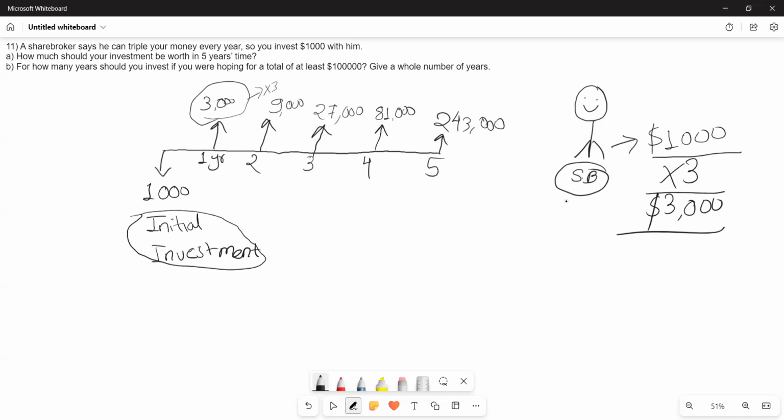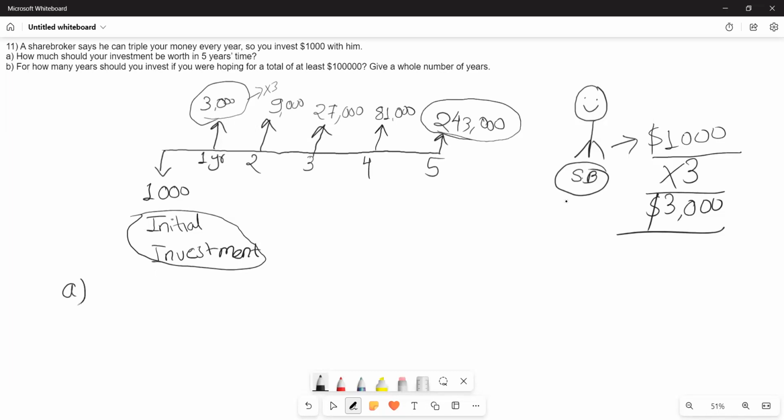So the question is, how much should your investment be worth in 5 years time? So the answer is how much? At the final, the answer will be 243, isn't it? So 243,000, right? So you can write the answer of question number A like this. Look at it, how to write.